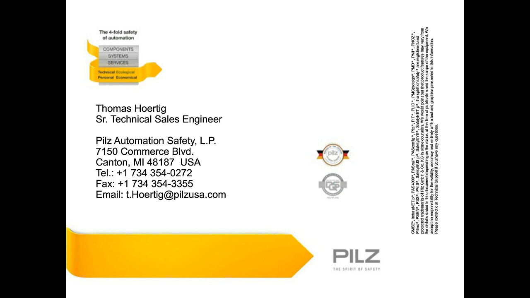So it could be hard guarding, it could be movable guards, and it could be guarding via optoelectronic devices. So that can also be a mix. It really is dependent on how personnel approaches the machine and can approach the hazard area and how to protect against it.